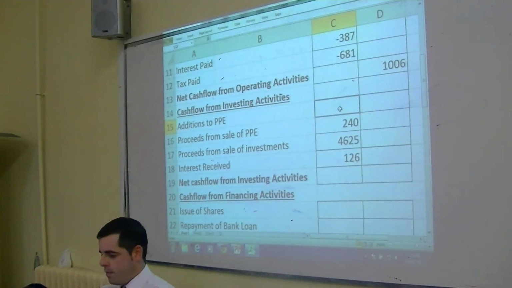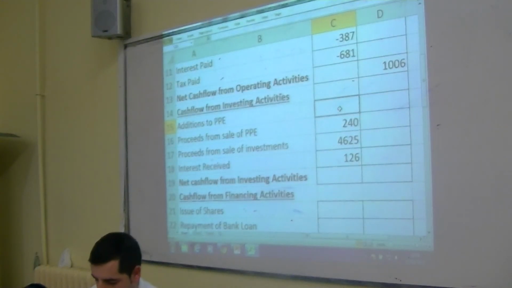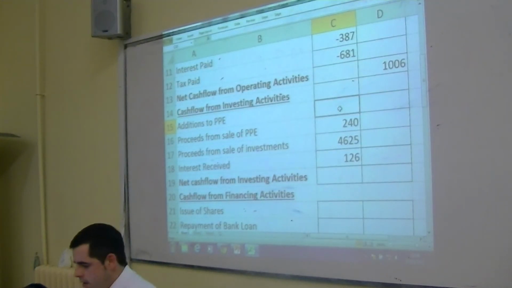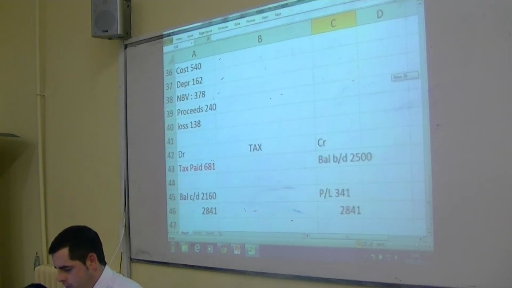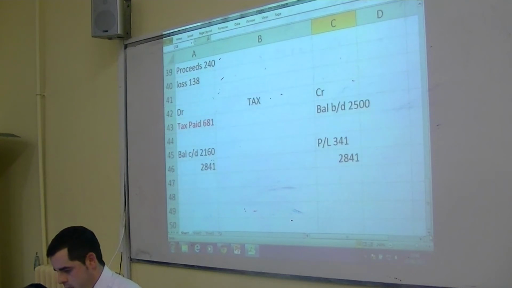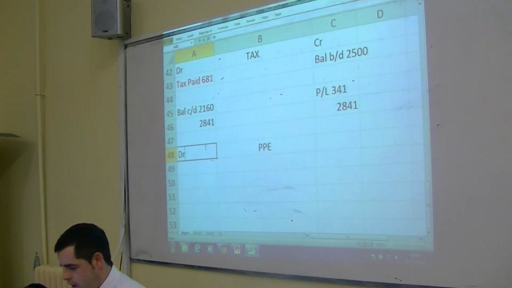So really, what that leaves us with is the additions to property, plant and equipment. So what we're trying to do there is a working for that. As I was saying earlier, we can put them all into one account. So if we jump down to our workings again, we're going to have property, plant and equipment. Okay, we're going to have a debit, we're going to have a credit.